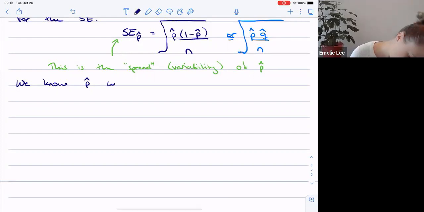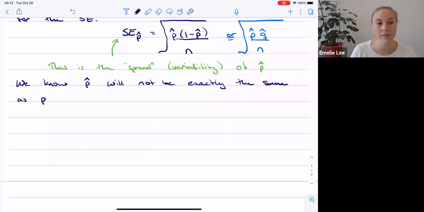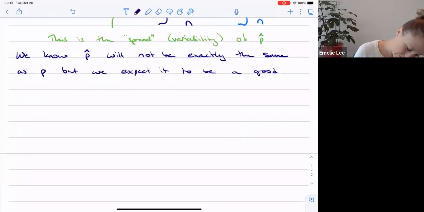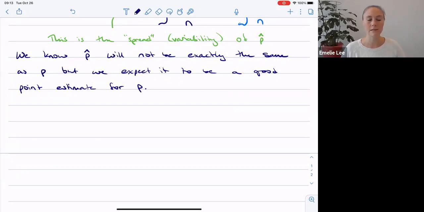We know p hat will not be exactly the same as p, the population proportion, but we expect it to be a good estimate. I'm going to start calling it a point estimate for p.